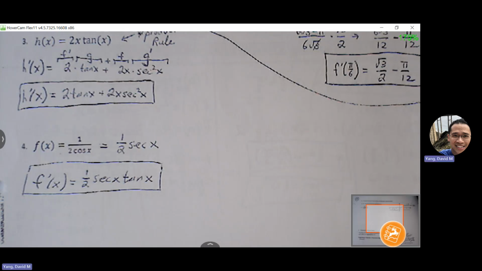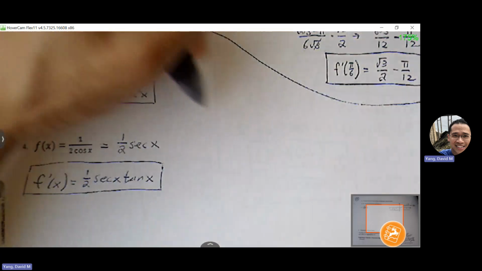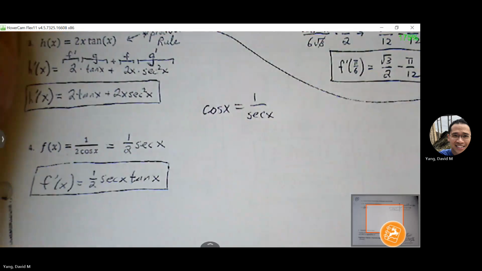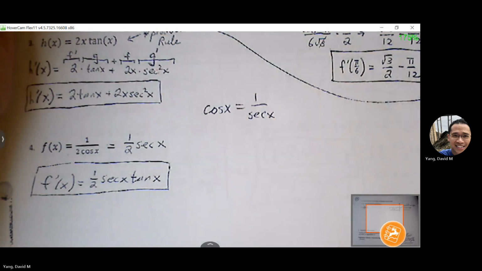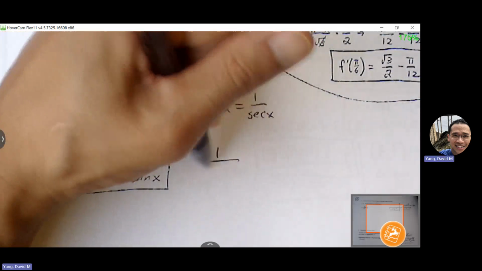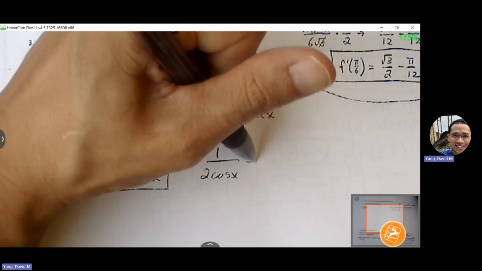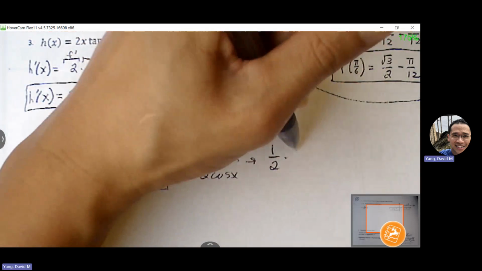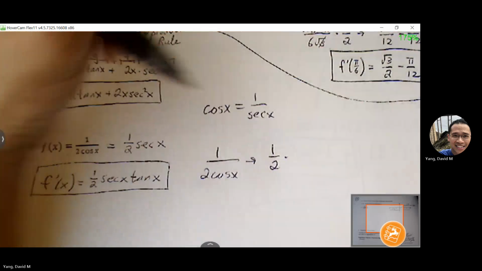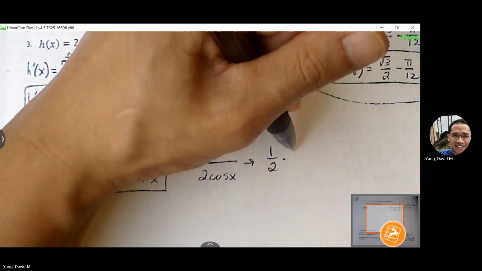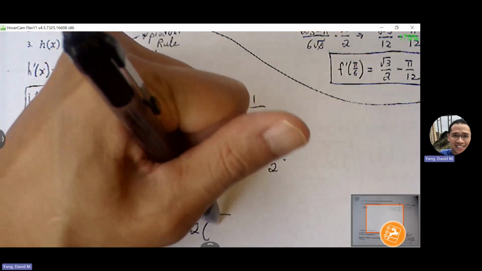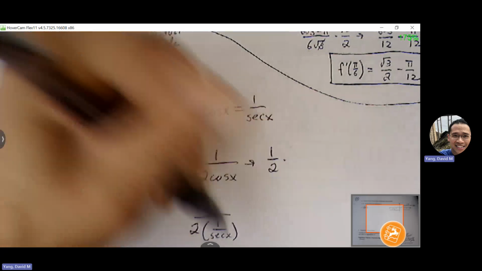Change from cosine to secant, right? Because we know that cosine is the same thing as 1 over secant. So think of this as the same thing as 1 over 2 cosine of x, the same thing as 1/2 times 1 over cosine x, same thing as 1 over 1 over secant of x.